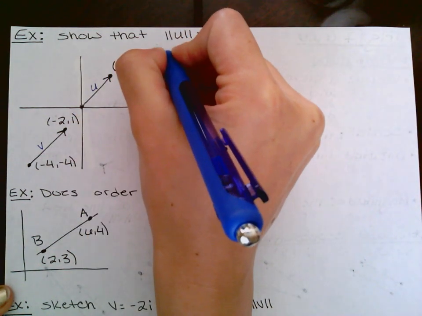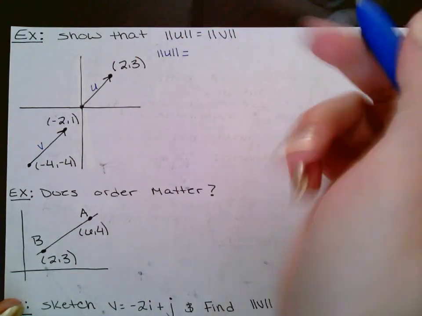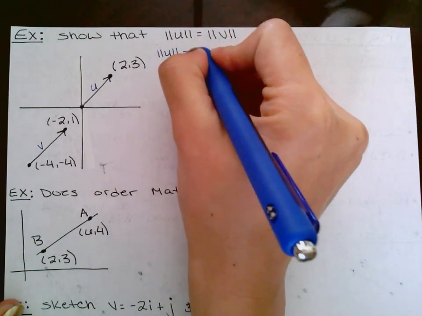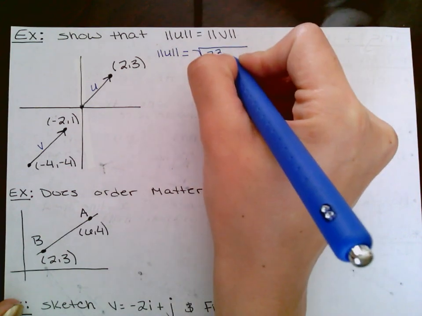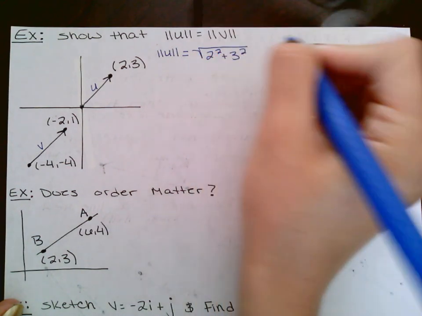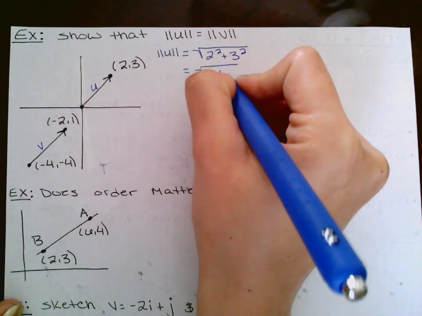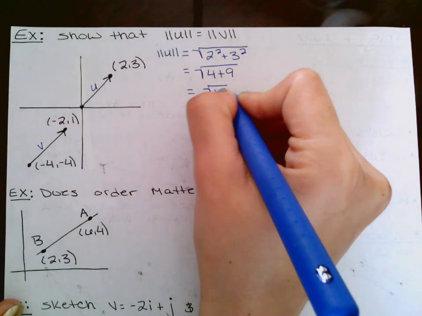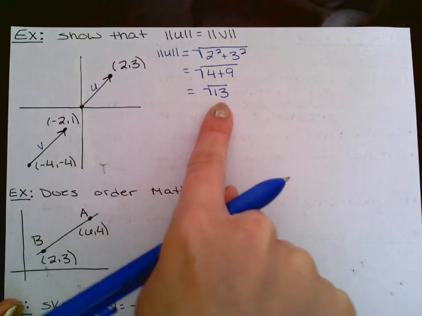So if I want to find the magnitude of vector U, because it's in standard form, I can use Pythagorean, and I would say the square root of 2 squared plus 3 squared. Okay? And I'm done finding the magnitude of vector U.